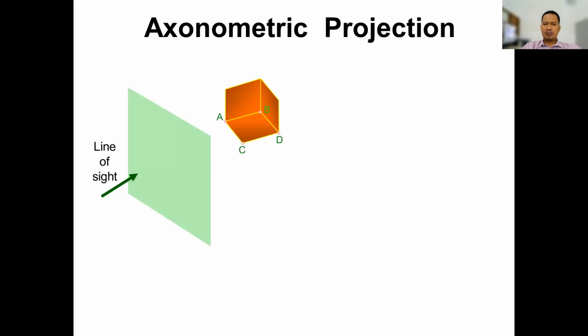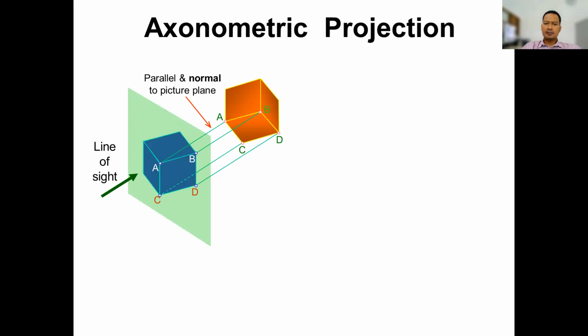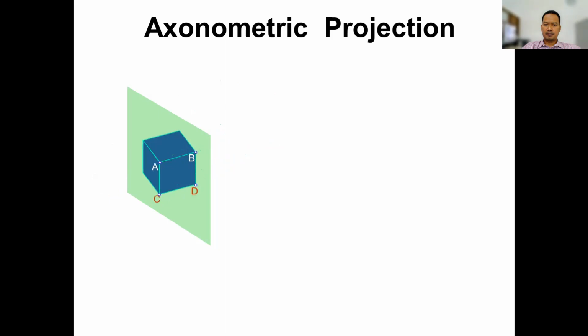Then we put points here, A, B, C, and D, and then project to the plane, and we will get projection points A, B, C, and D. And then you can draw a new object in the projection plane.